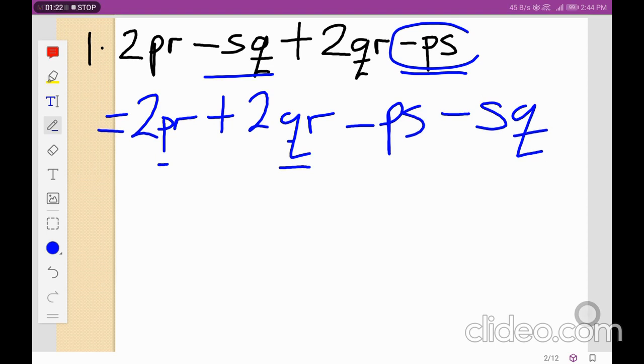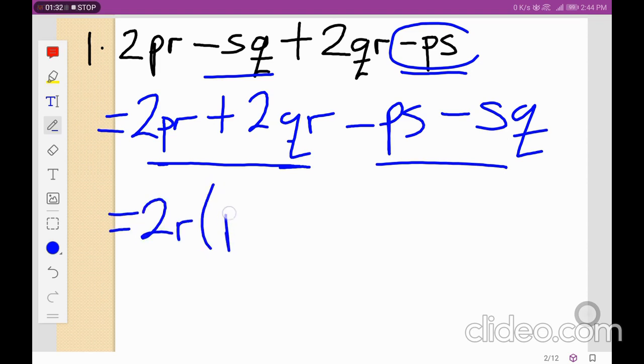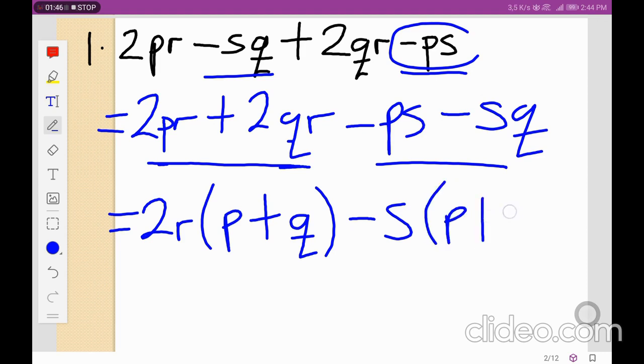Now factorizing, I can factorize by grouping this group and this group. So for the first term, I can take out 2R and I'll remain with P plus Q, like that. The second one, I can take minus S there and remain with P plus Q, like that. Okay.